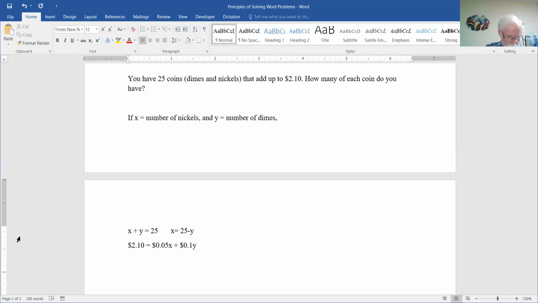We now know that 2.10 equals 0.05 times 25 minus y, plus 0.1y.